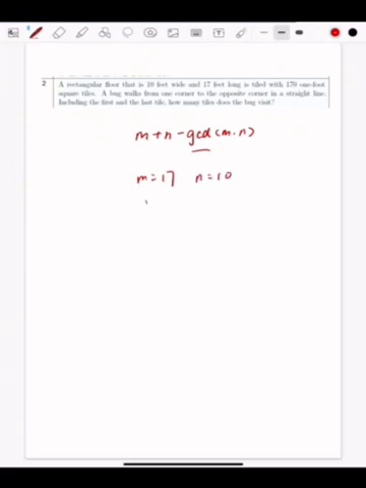So now we have to calculate this one. Since 17 is a prime number and 17 does not divide 10, this equals 1. And now we use the formula. Okay, we substitute the numbers in it. So the result is 26.